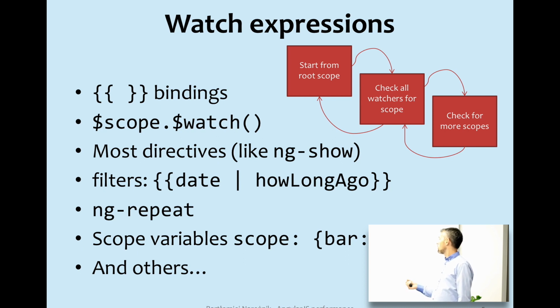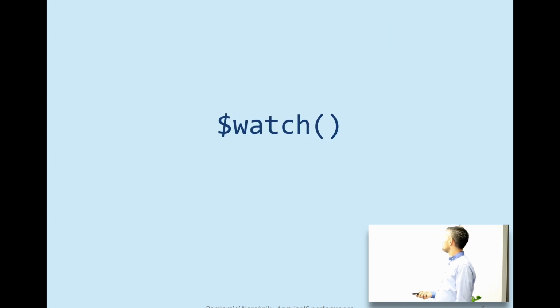Also filters and many others like scope variables. There is also ng-repeat. It's of course a directive, but it's a special directive, so it's earned its place here as a bullet point. So, what about watch? How could we make it work better?